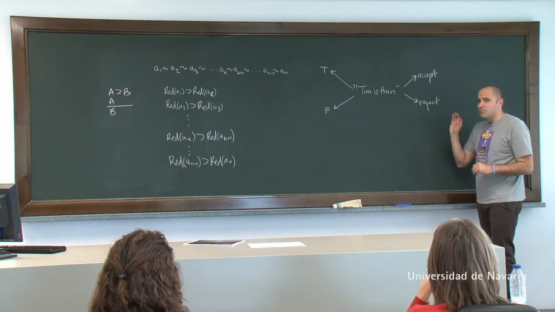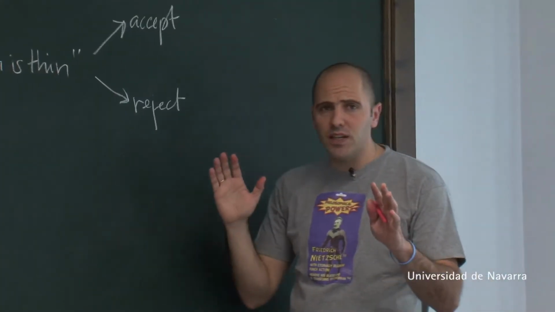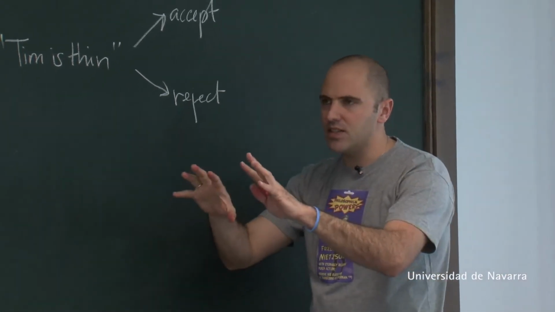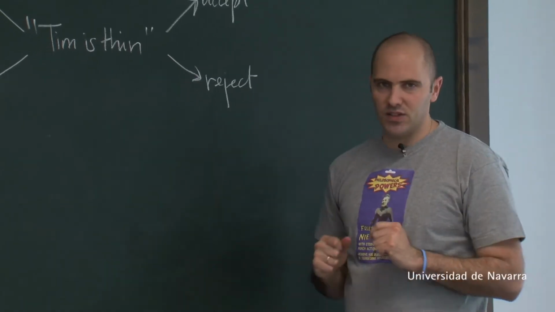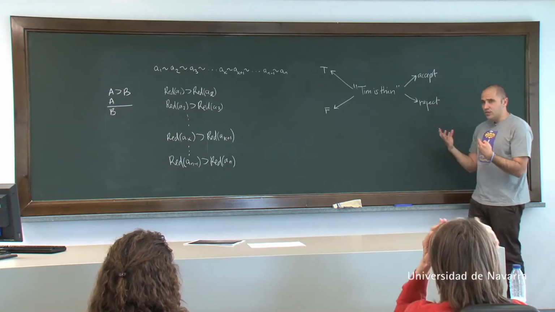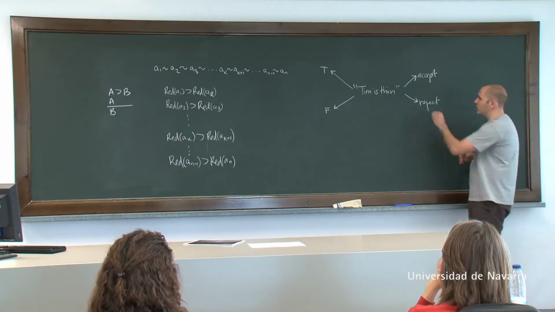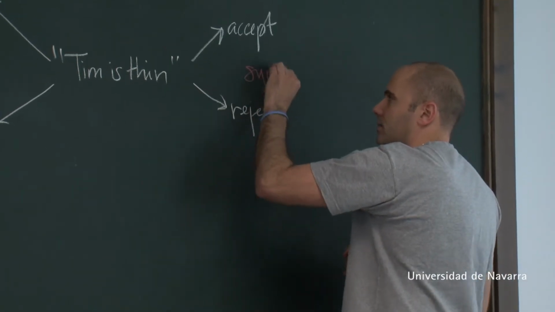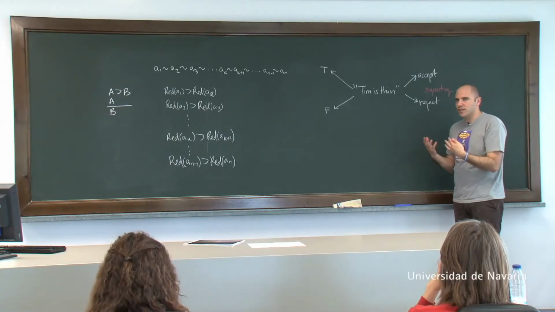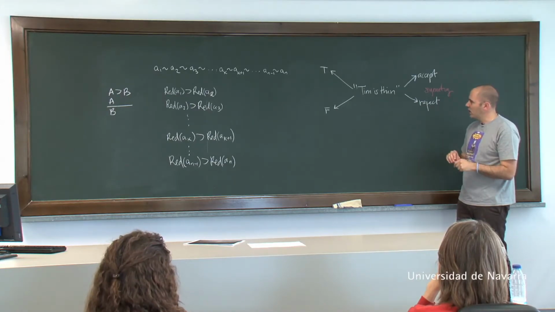Now, it is supposed to be part of the phenomenology of borderline cases that competent speakers won't just accept, for example, that Tim is thin and reject that Tim is not thin. In borderline cases, competent speakers tend to hesitate between acceptance and rejection. So there is a sort of symmetry in the dispositions in borderline cases between acceptance and rejection.